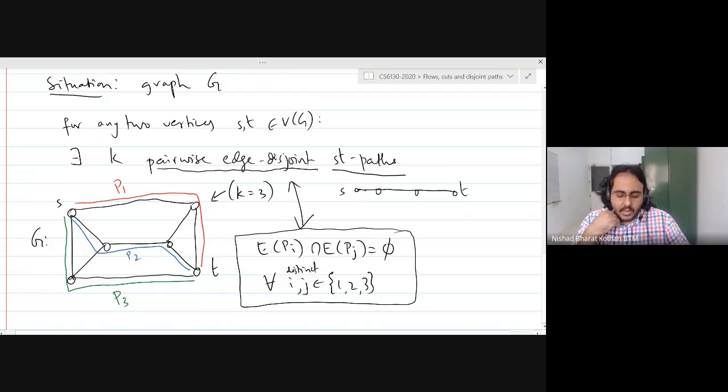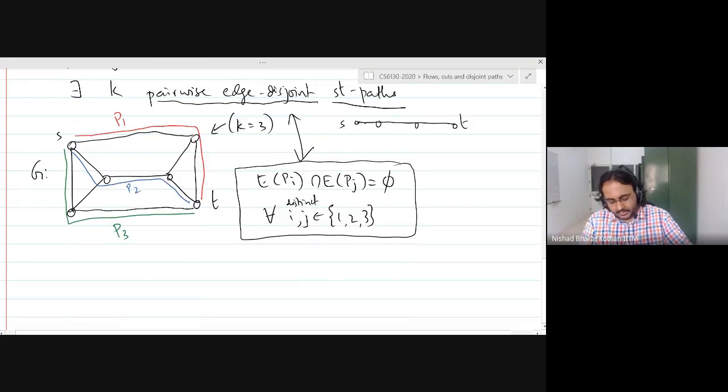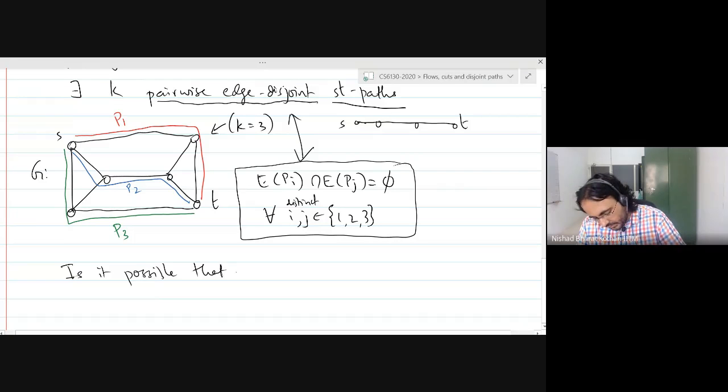Okay. Supposing this is true, I've given you a graph G. For any two vertices, I'm telling you that there are k pairwise edge disjoint ST paths. Now my question is, is it possible that G is not k edge connected?